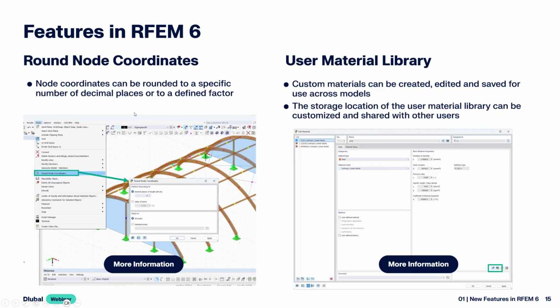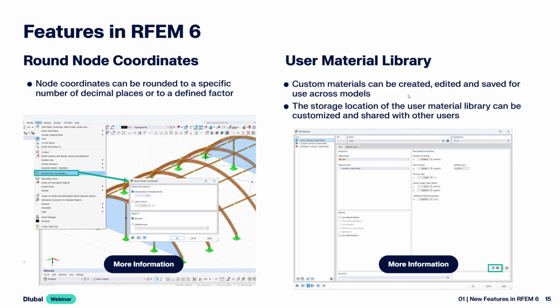You can round node coordinates. For example, when you imported a model from a CAD program, and there are many decimal places, then you can round those coordinates. Then user material library is also new. You can define your own material.